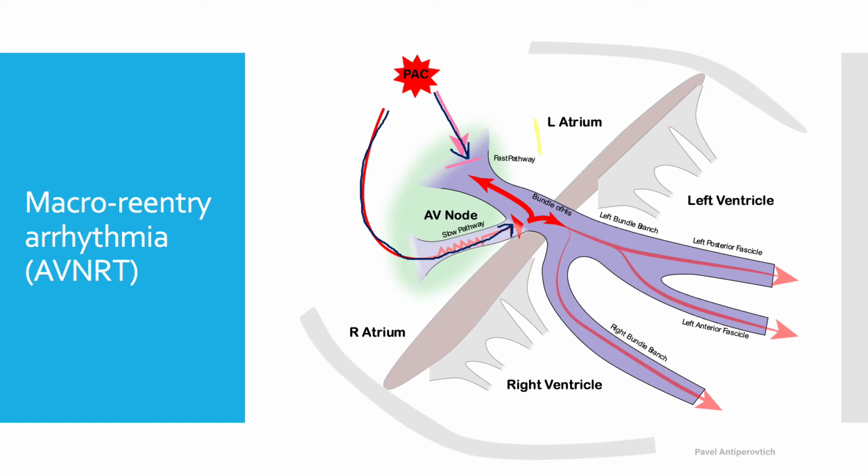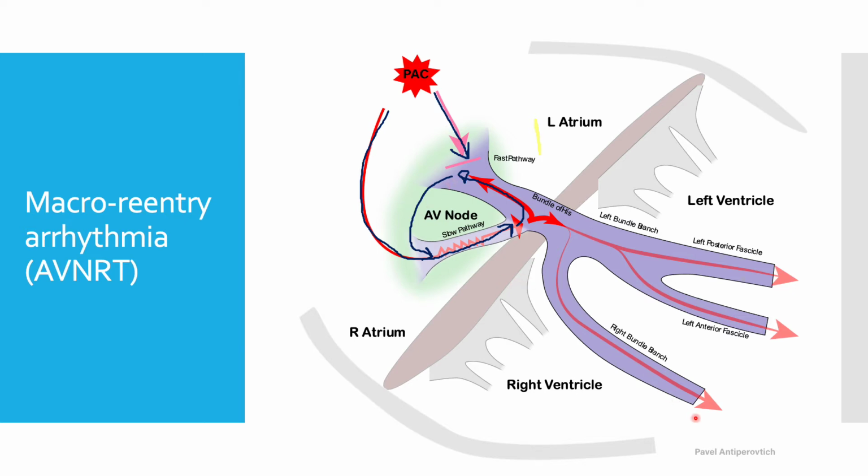By the time it reaches the common pathway, the fast pathway has now recovered, and it can come back up the now recovered fast pathway and re-enter the slow pathway again to reactivate that tissue. This forms a macro reentry circuit that's entirely contained within the compact AV node. This is called typical AVNRT.